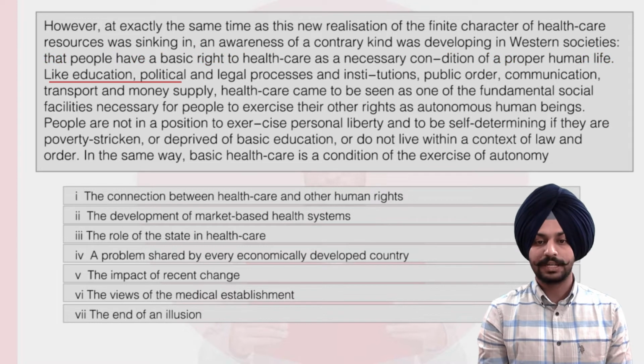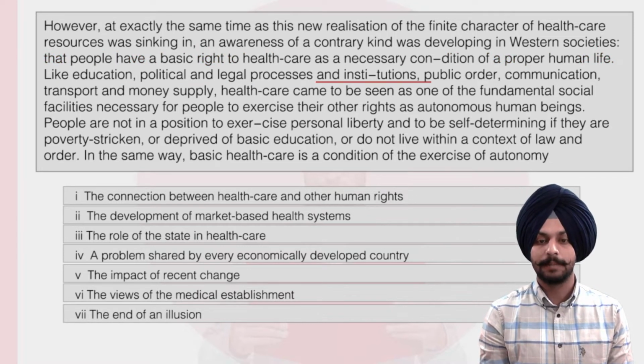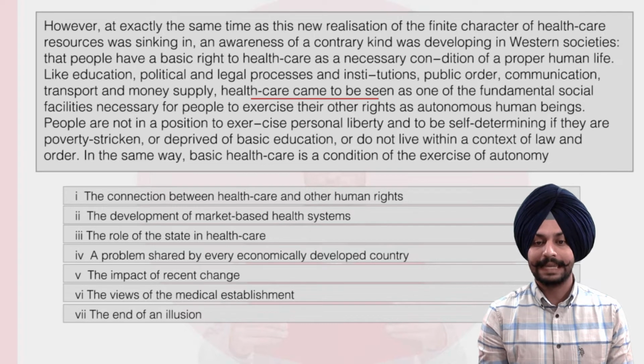Just like education, political and legal processes and institutions, public order, communication, transport, and money supply, healthcare came to be seen as one of the fundamental social facilities necessary for people to exercise their other rights as autonomous human beings.